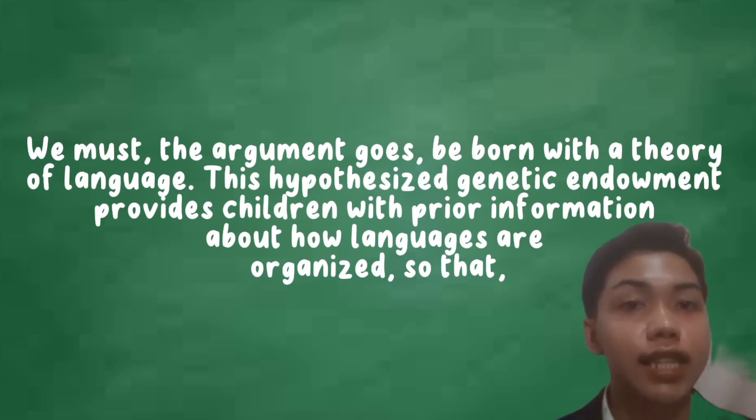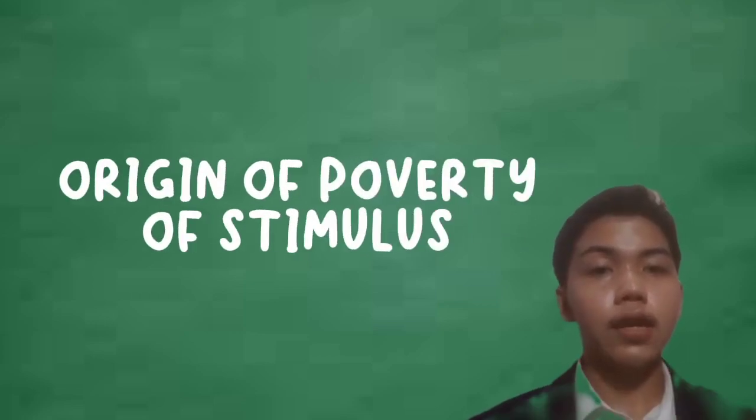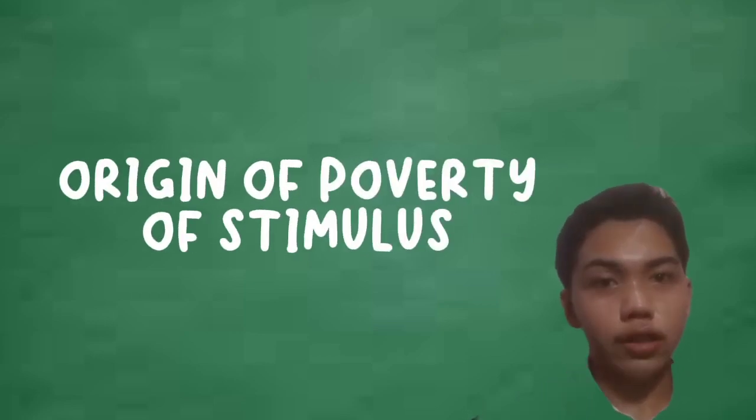This hypothesized genetic endowment provides children with prior information about how languages are organized, so that once exposed to linguistic input, they can immediately start fitting the details of their particular mother tongue into a ready-made framework rather than cracking the code from scratch without guidance. So this is the origin of the poverty of the stimulus.